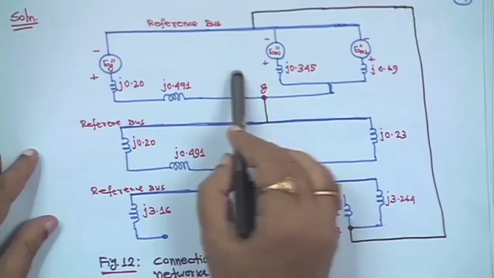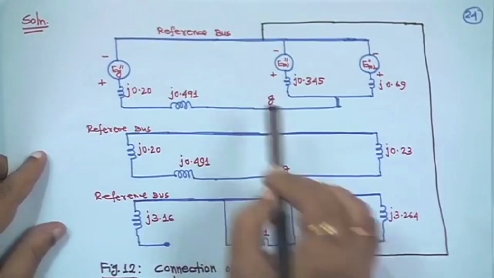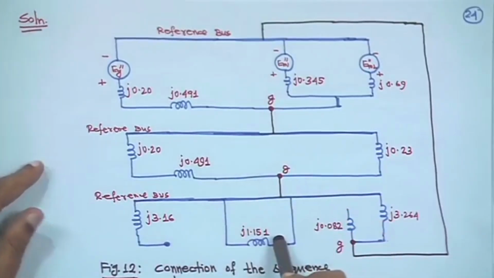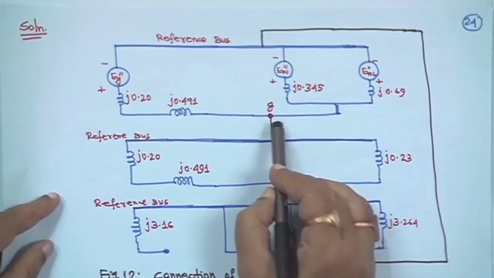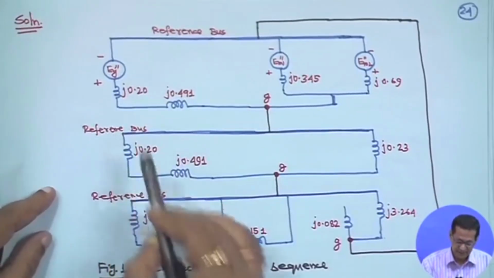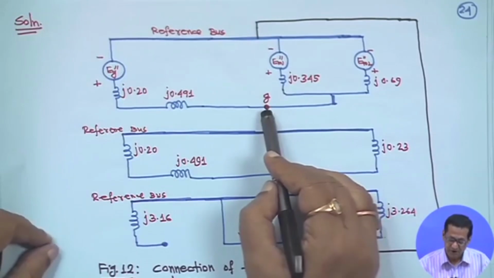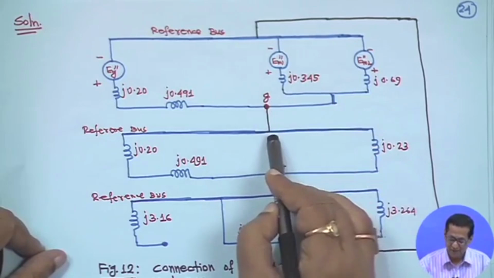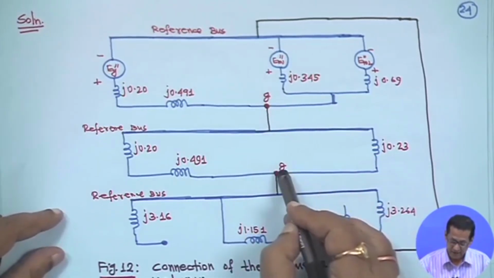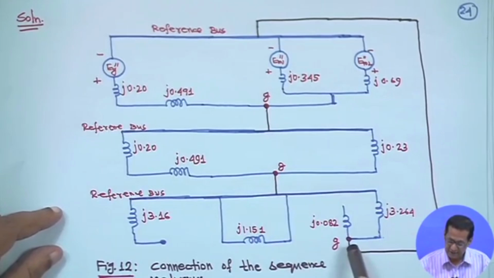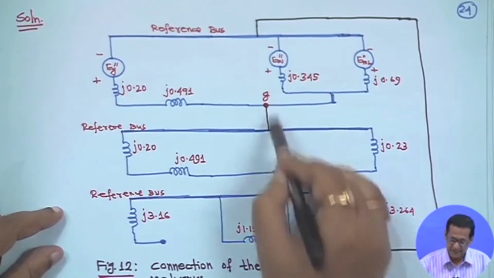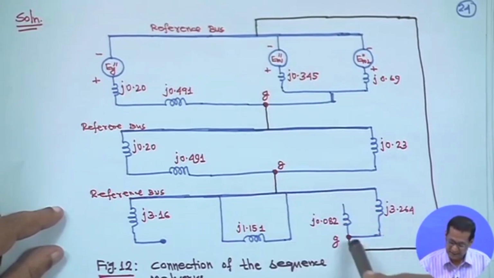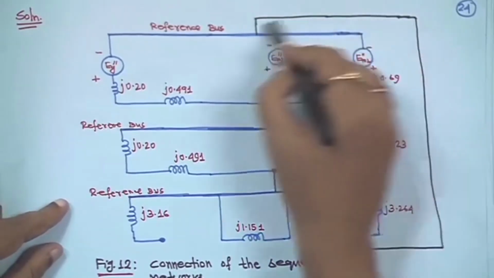Then how to connect? This is the same positive sequence network of example 4, the same negative, and the same 0 sequence. The fault has occurred here, and this is the reference bus in each network. So, connect this G point of the negative sequence network to its reference bus, and here also G point to the reference bus, and this G point also goes to the reference bus.